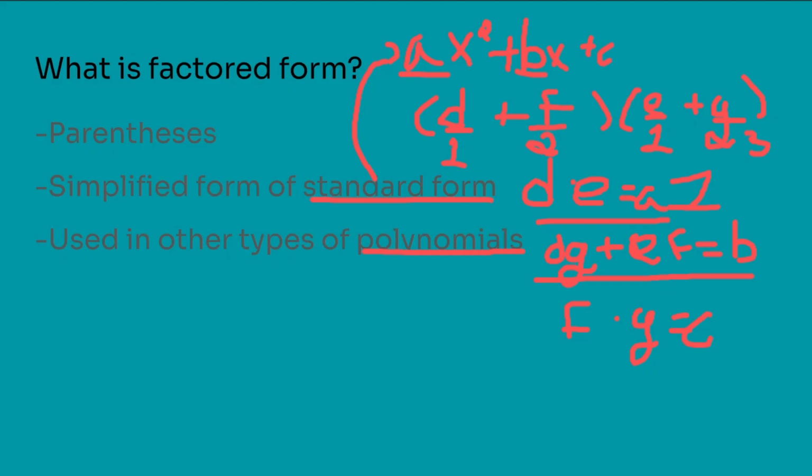So this would be saying 1 times 3 plus 1 times 2 is equal to 5. So b equals 5. And then f times g would just be 3 times 2 to equal 6. And that's how you get it.